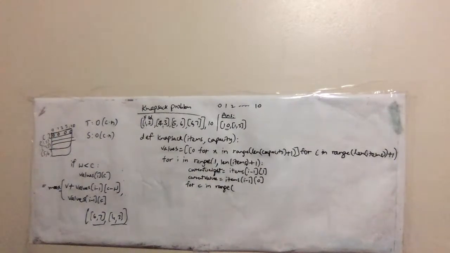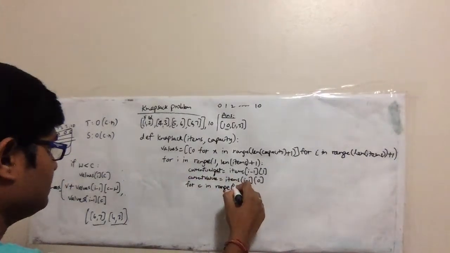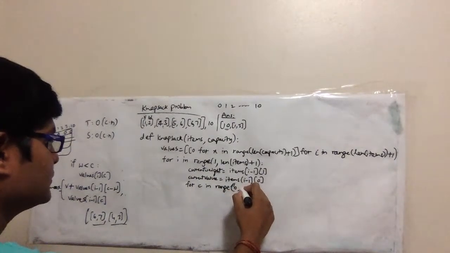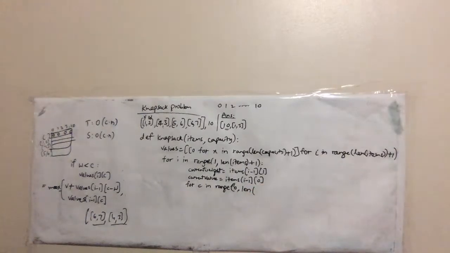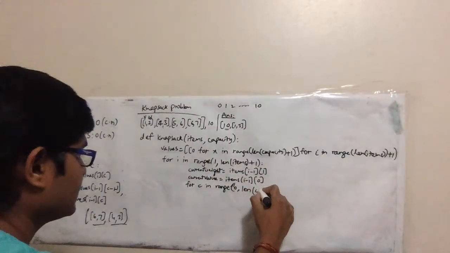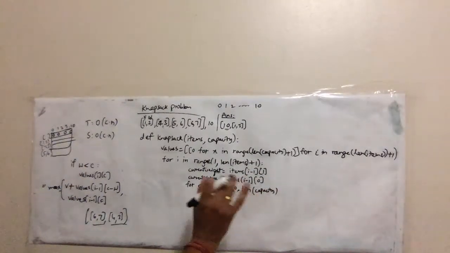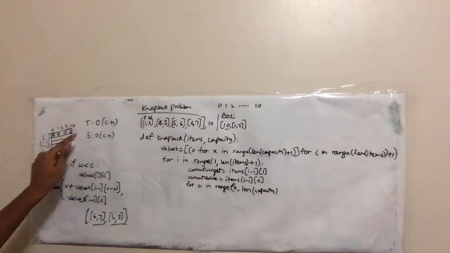We can iterate actually from zero to length of the capacity. If the length of the capacity is 10, so it will iterate from 0 to capacity.